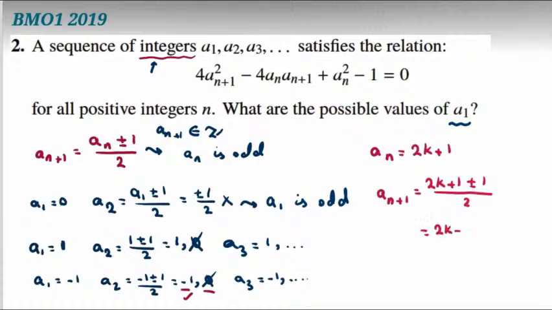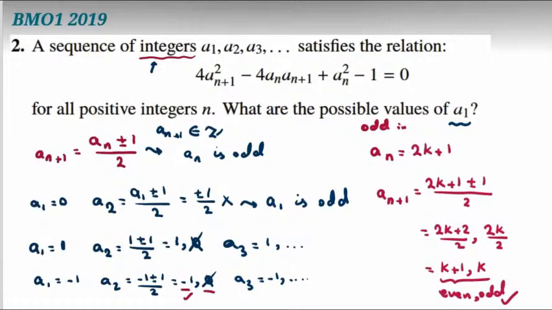It will be 2k plus 1 plus 1 over 2, and 2k plus 1 minus 1 over 2, which will be k plus 1 and k. So here, because they are consecutive numbers, one of them even, one of them odd. So always you have an odd case, you select that. Again, for next one, you select that. So we understand what are all possible values of odd integers.